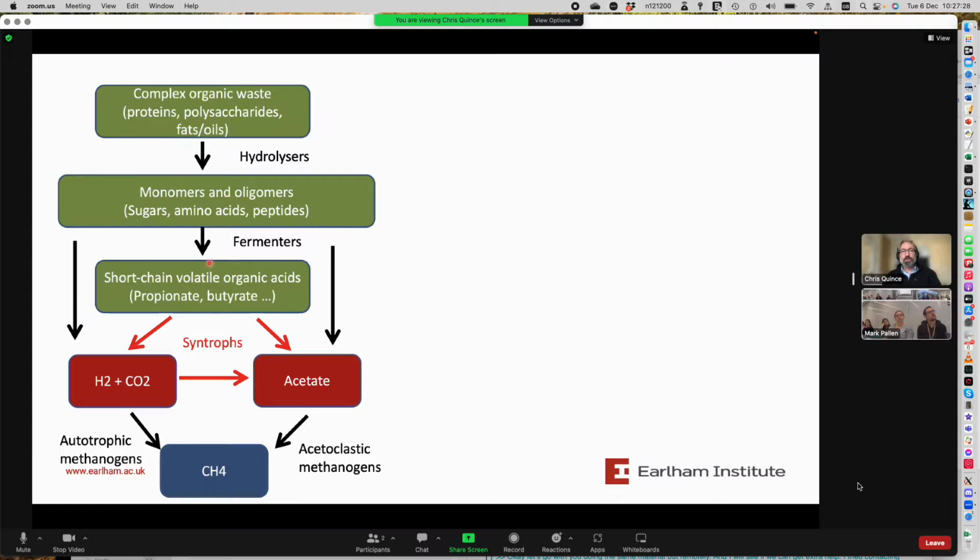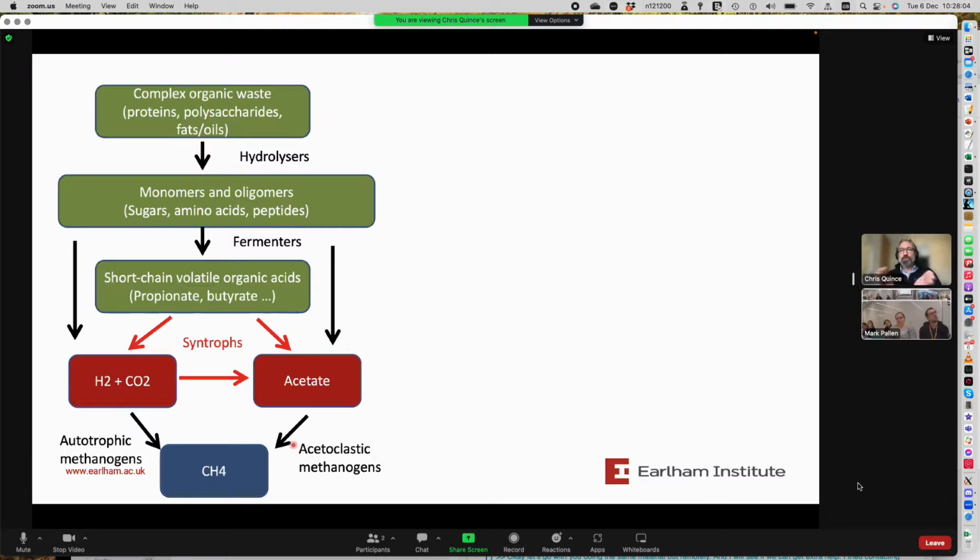Then you get fermenters, just like you would in the gut, generating short chain volatile acids, short chain fatty acids, etc. But what's different in an anaerobic digester, which would be much more like the rumens that Mark might talk about, is you get this final step. Methanogenesis does happen in the human gut, I think only in about 5% of people, so there are only methanogens in a small fraction of the population, whereas they're a really important part of the AD community.